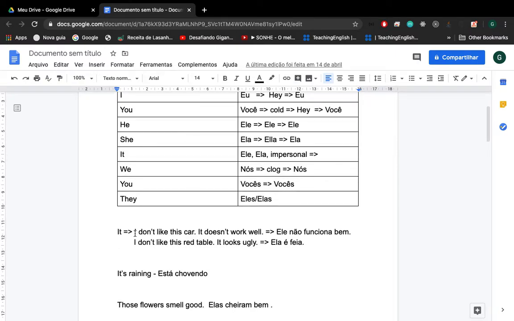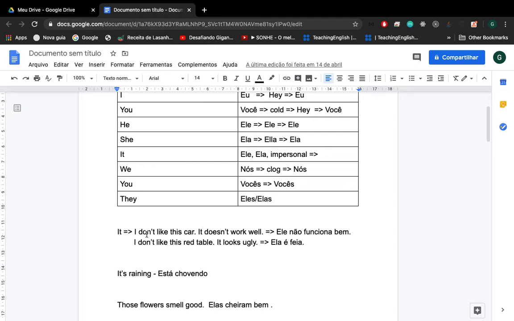So with the pronoun it, let's take a look at this sentence. I don't like this car. It doesn't work well. If I said, I don't like this car doesn't work well, I'd be being a little bit repetitive, right?